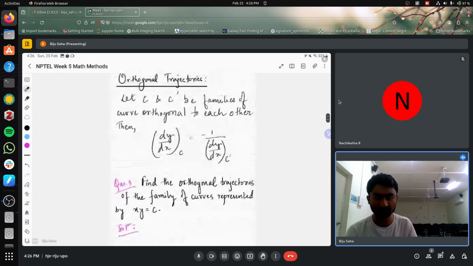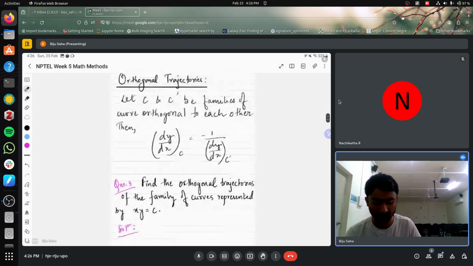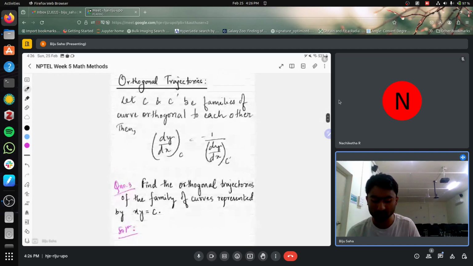Even before going towards the main content of today's lecture, let me familiarize you with something known as orthogonal trajectories. Let's say that C and C dash are families of curves. Every curve can be represented as an equation.